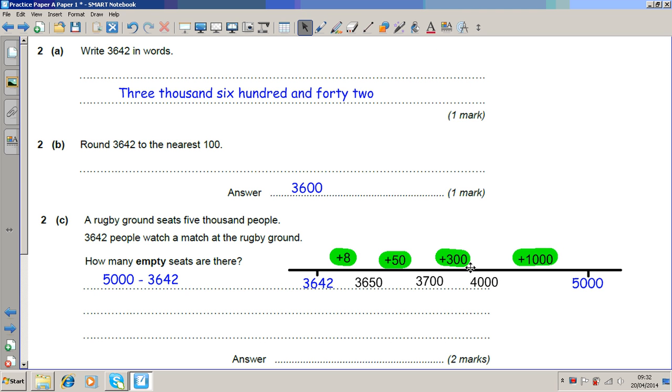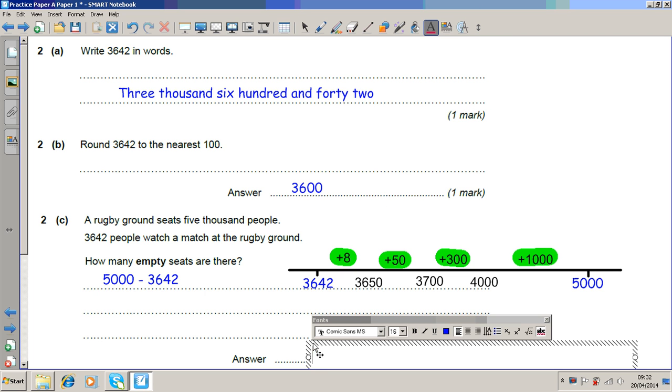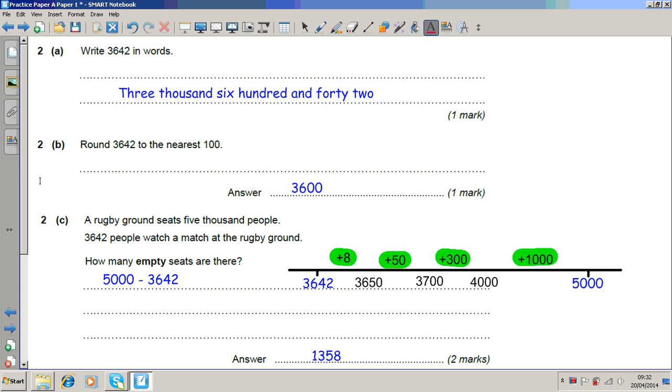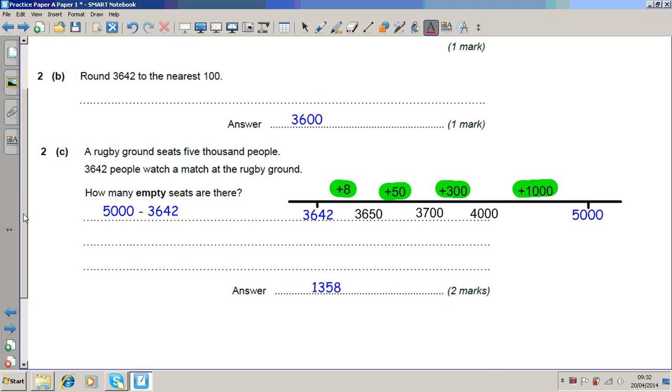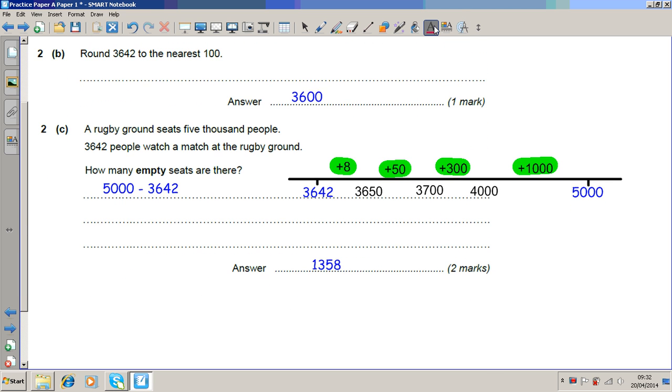Well, 1,000, 1,300, 1,350, 1,358. There's your answer. Now, I guess we could also do it using column method.